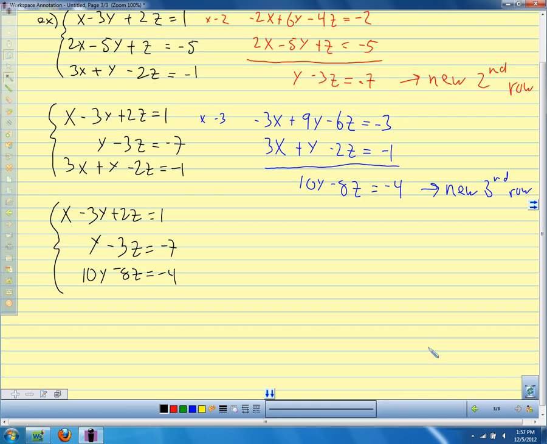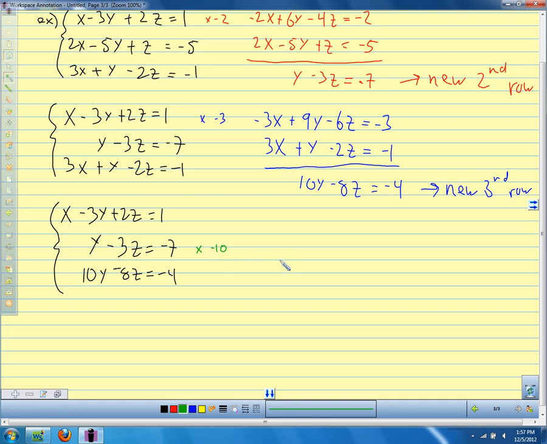So to get rid of the y in the bottom row, what are we going to do to the second row? Multiply the second row by negative 10. I'm going to multiply this by negative 10, and I'm going to write that step over here.